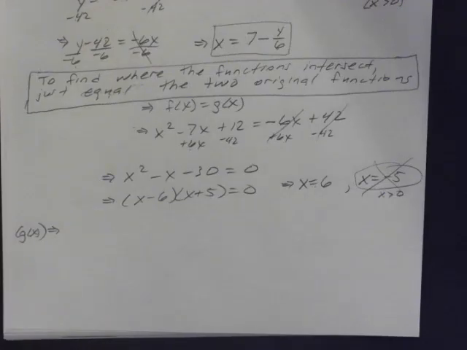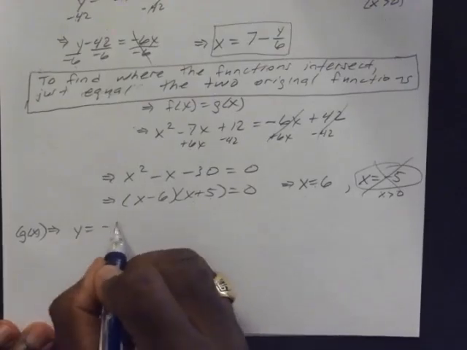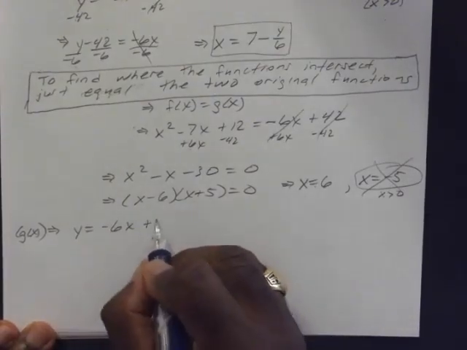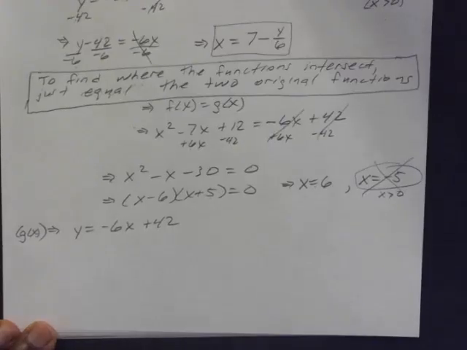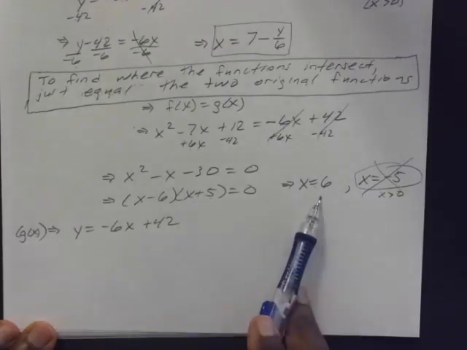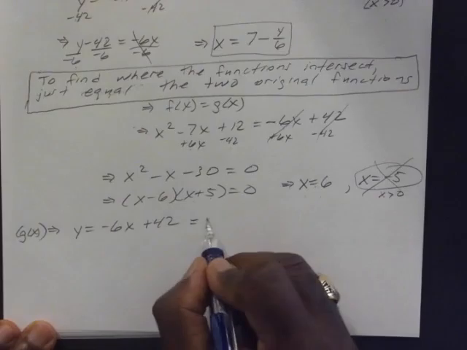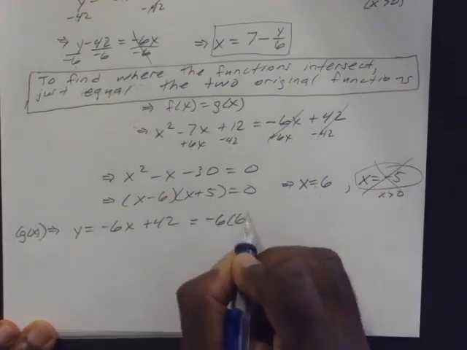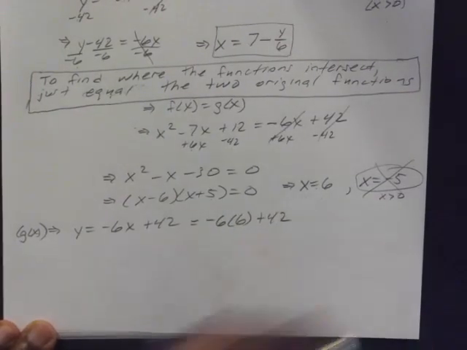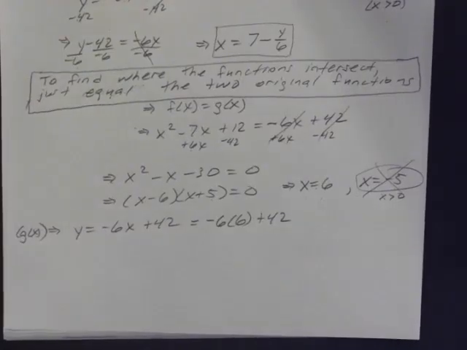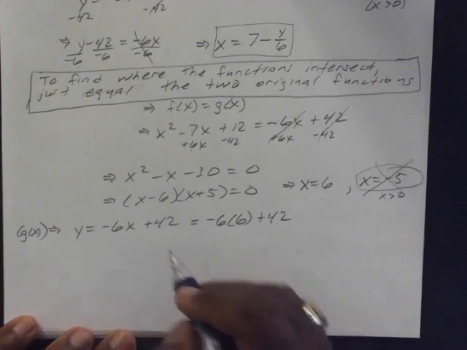Was that y equals negative 6x plus 42? So if we plug in that x equals 6, that's negative 6 times 6 plus 42. So we have negative 36 plus 42, which means that y is equal to 6.